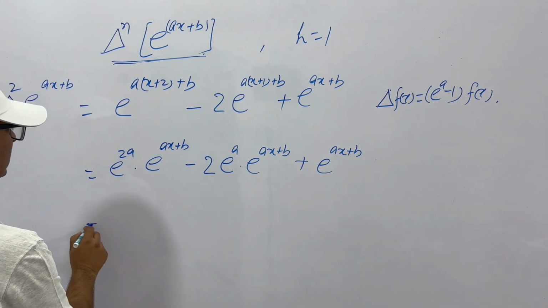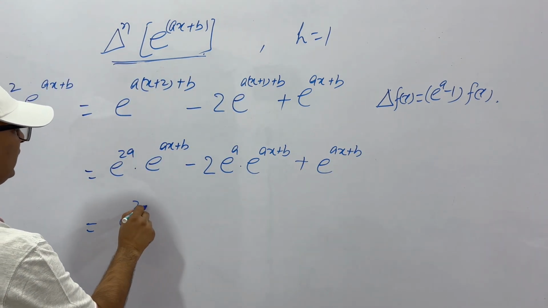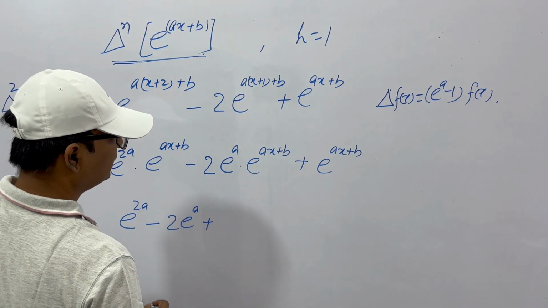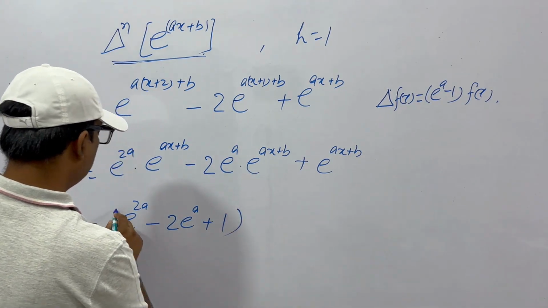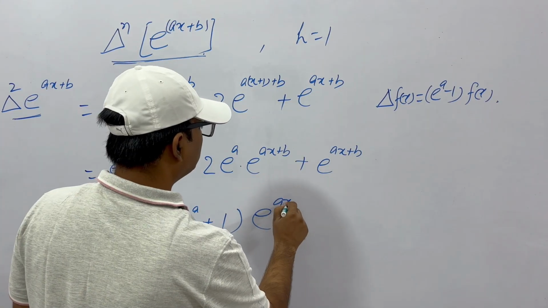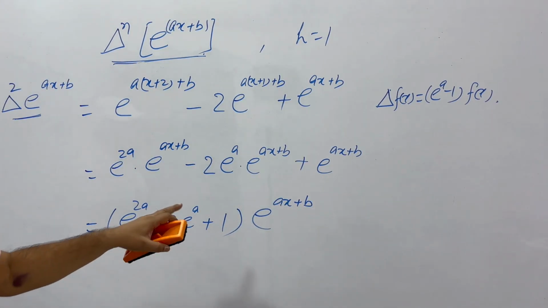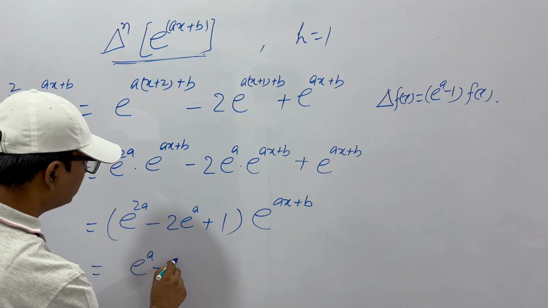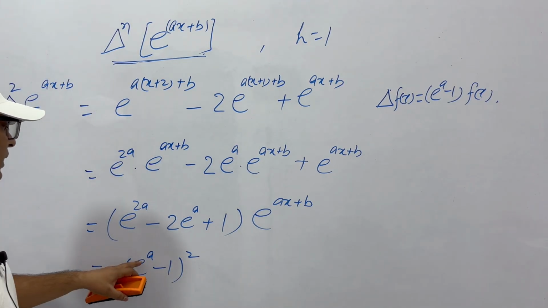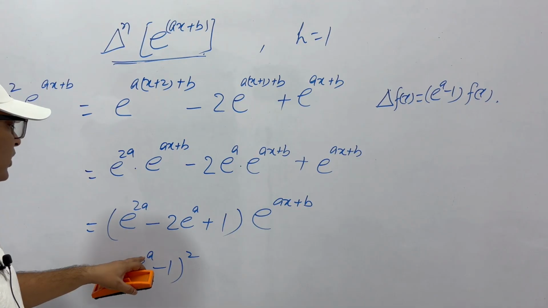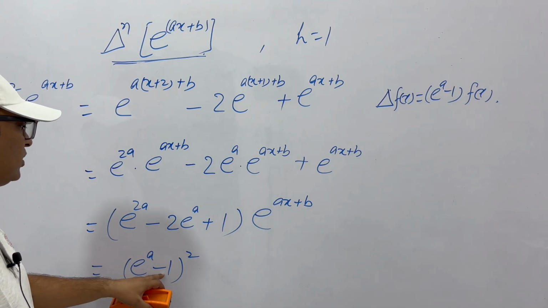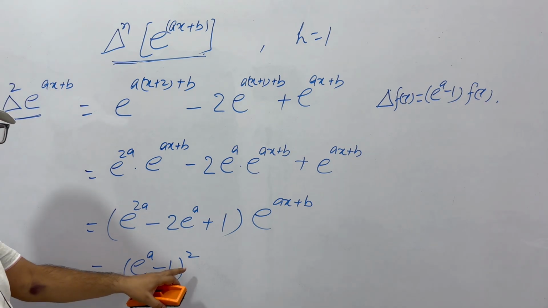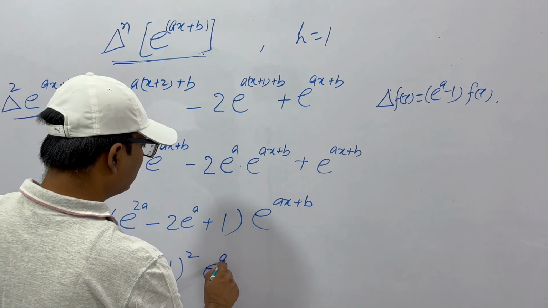So this is (e to the power 2a minus 2 e to the power a plus 1) into e to the power ax plus b. Clear? What is this? This is (e to the power a minus 1) square. See, this is a square, so this is e to the power a, plus this square, 1 minus 2 into this. So this is (e to the power a minus 1) square into e to the power ax plus b.